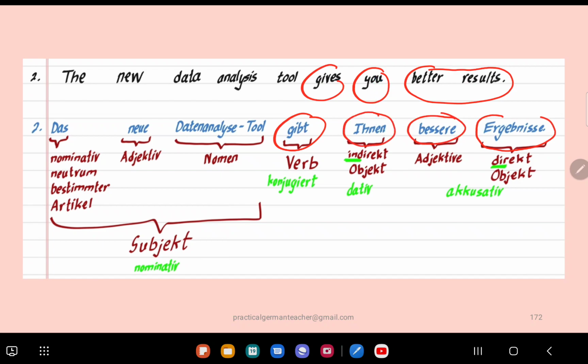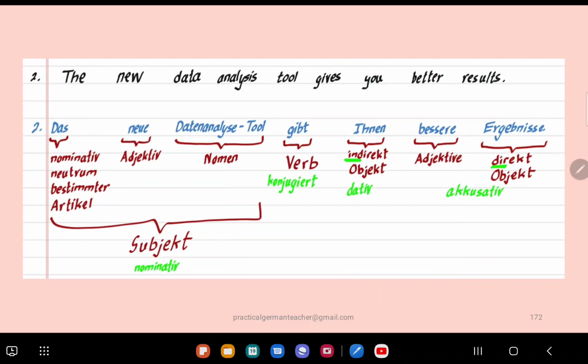You is Ihnen, I'm being formal. And then data analysis tool is neutrum, so neue, and e because of this case. So the adjective is neu. It is being used after a bestimmte article, which is neutrum, in nominative case.